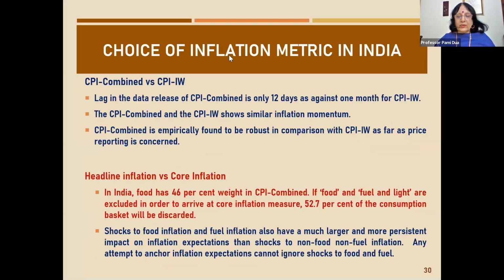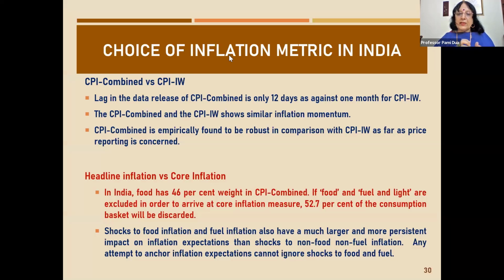And therefore, within the consumer price index, it uses the overall combined inflation, which covers the urban sector and the rural sector. Then there was some more discussion on whether from this overall inflation we should remove the food and fuel component, which brings us to core inflation, because some people said food and fuel are very volatile, so we should not have that as our target.